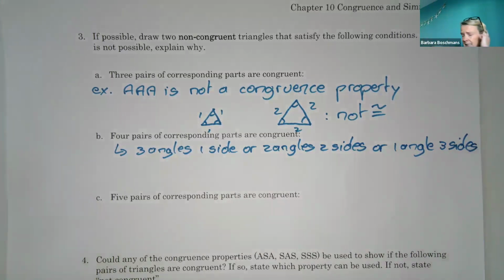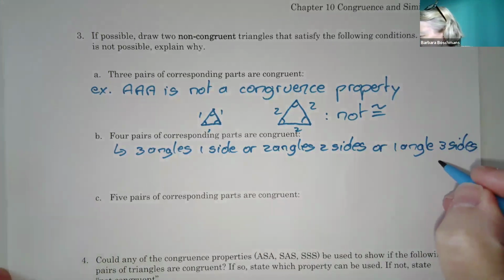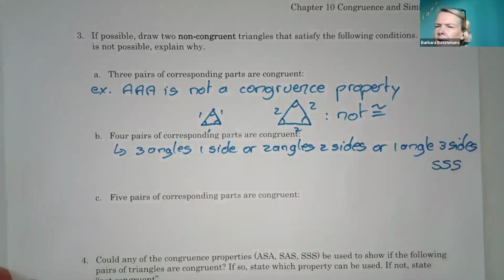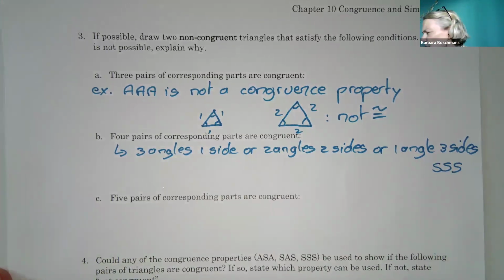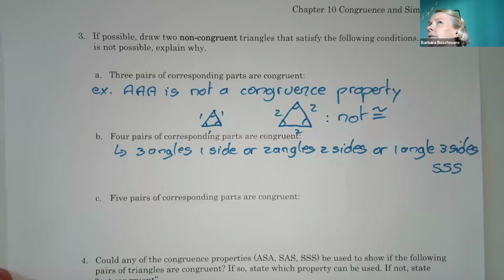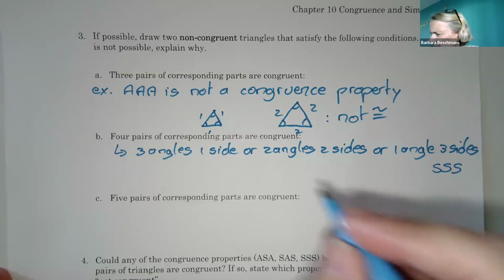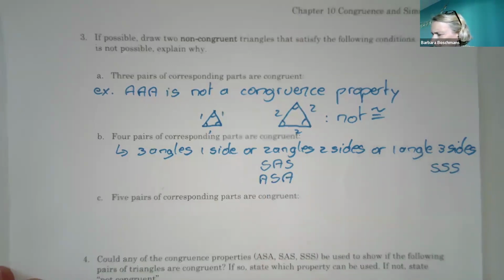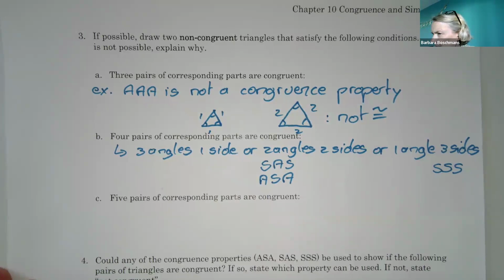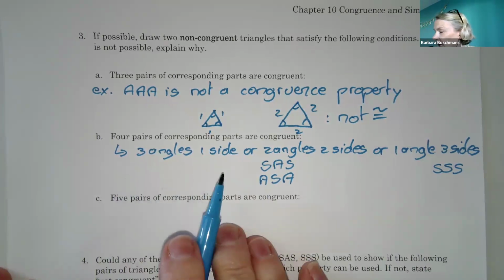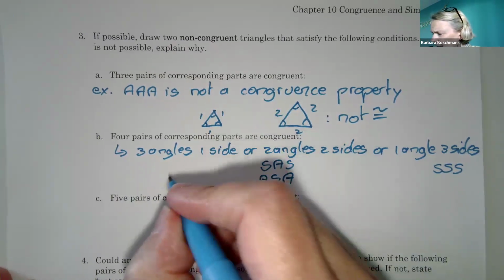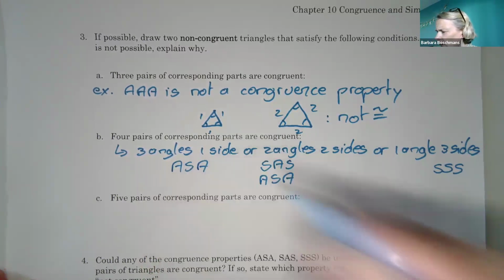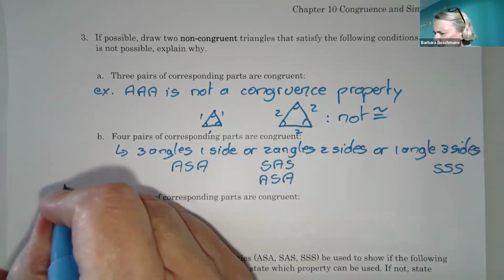Well, if I need to draw something that's not congruent, I just use side, side, side. I know that's a congruence property. If I have two angles and two sides, that's going to be side, angle, side or angle, side, angle. If I have three angles and one side, then I can use angle, side, angle. So this is not possible.